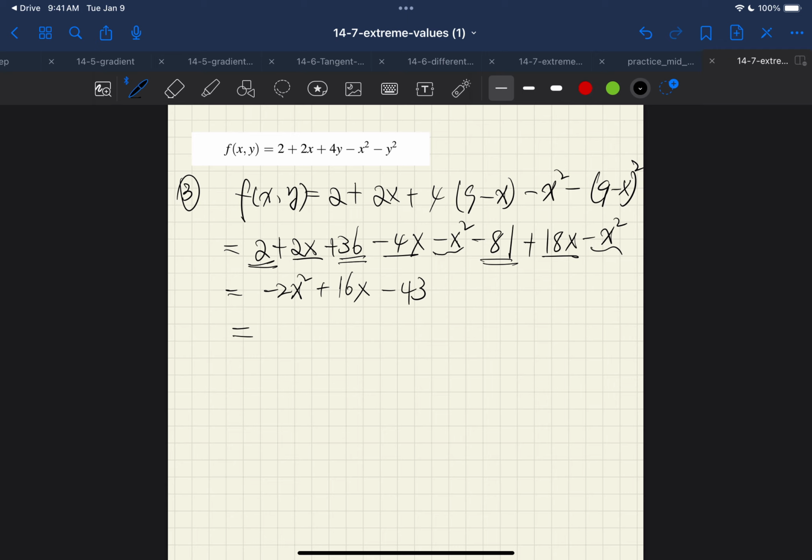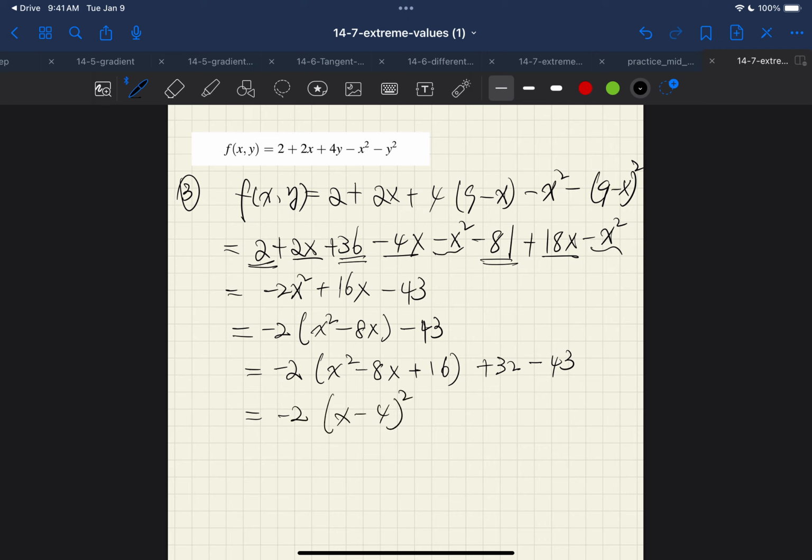We can take out negative 2 here: x squared minus 8x minus 43 over negative 2. This can be completed by adding 16 here. Because we add 16, we have to cancel it out. Multiplying by negative 2, that means negative 32, so plus 32. So this is negative 2 (x minus 4) squared, plus 32 minus 43, which is minus 11.